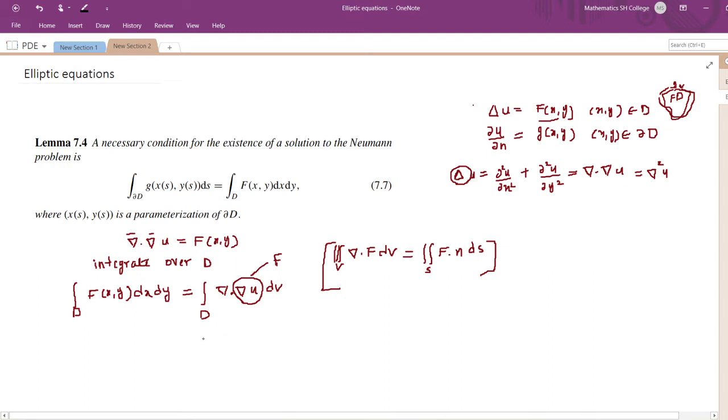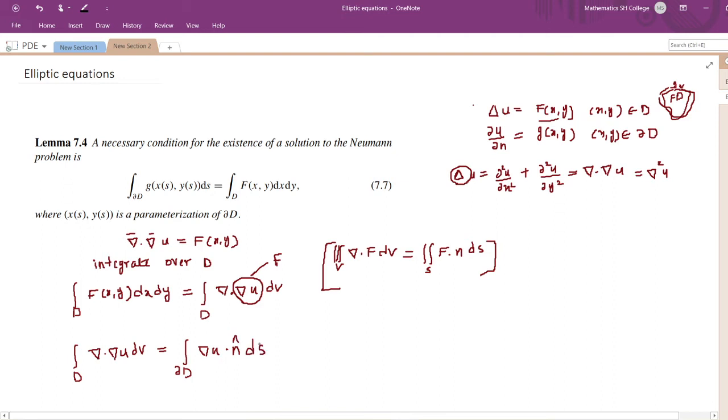What we will get here is the integral over D of del dot del u dv, equal to, where S is the surface, which we can represent by the boundary of D, the integral of F dot n, where F is del u, so del u dot n ds.